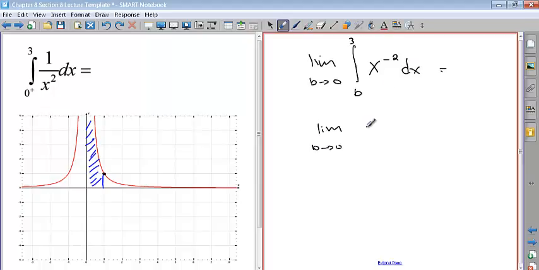So when you integrate that, you get x to the minus 1 power divided by negative 1, evaluated between b and 3. So this is negative 1 over x between b and 3.